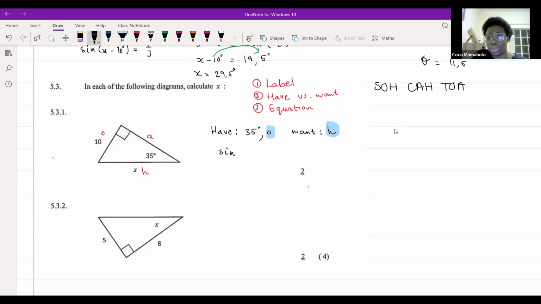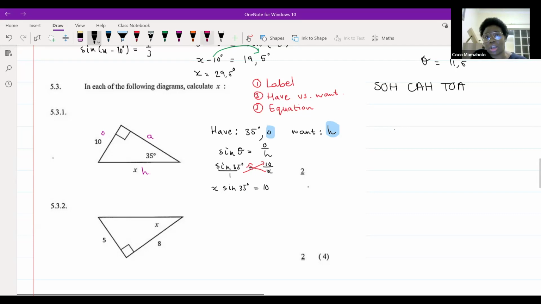So now we know we're going to use sine of theta is equal to opposite over hypotenuse. And now we can just substitute in. So sine 35 degrees is equal to opposite, which is 10, over hypotenuse, which is x. And then we're going to cross multiply. Then I'm going to end up with x times sine 35 is equal to 1 times 10, which is just 10.